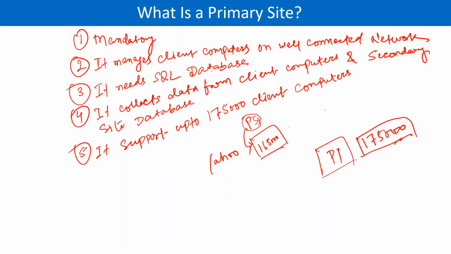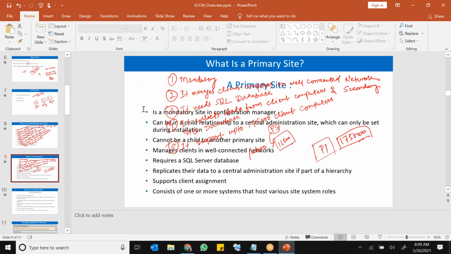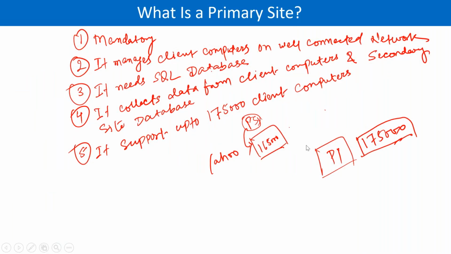If it is in multiple locations, let's say 165,000 devices in one city, and then you have a branch office with 5,000 machines, we will install a secondary site there in a different location.